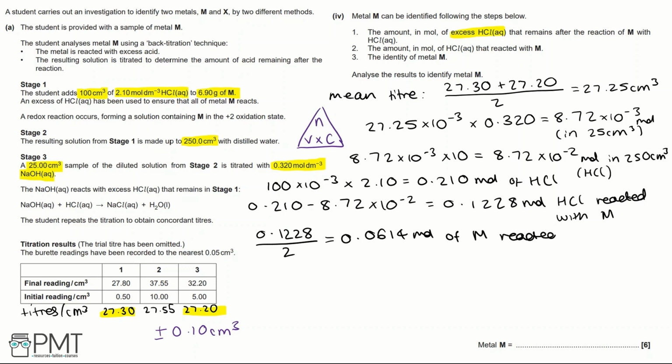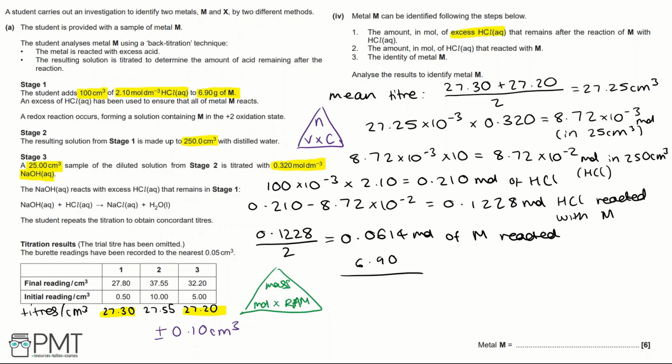Now we're going to use a second equation triangle. And this is going to be our equation triangle where we have mass is equal to the number of moles times relative formula mass. Or in this case, it's going to be relative atomic mass because we're only working out the relative atomic mass of the metal. So the way we're going to do this is we're going to take the mass of M, which is 6.90, and divide it by the moles of M that's reacted that we've just worked out.